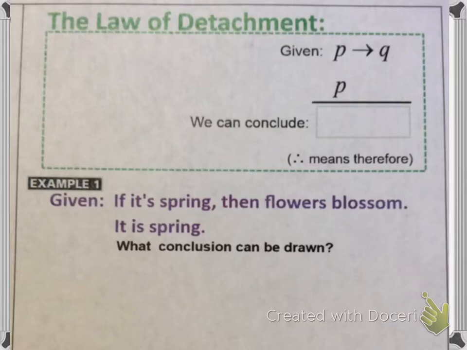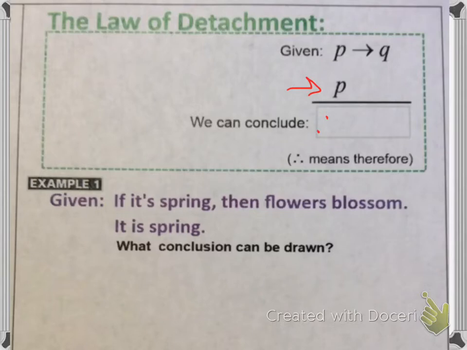Here's the law of detachment. So it says, given P then Q. Again, this is an if-then statement, and if you remember from last time, that arrow means if-then. So if P, then Q. So if we have P, what can we conclude?